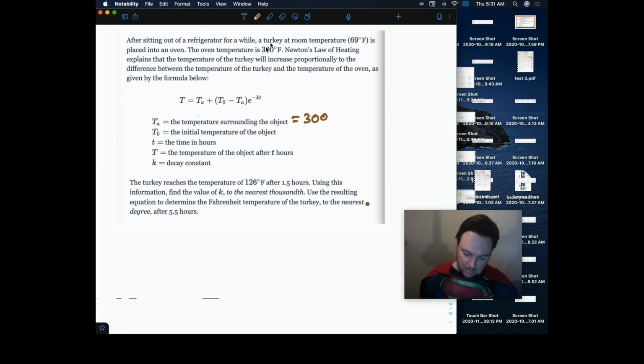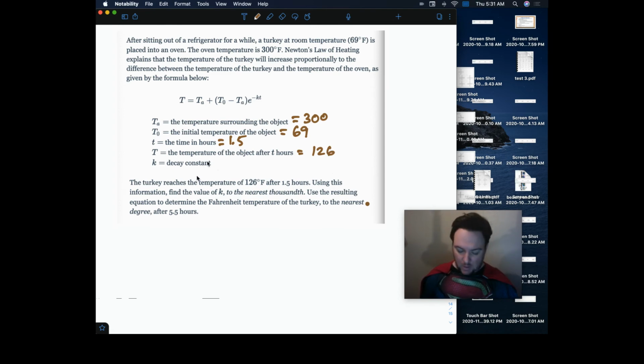I think that they said a turkey at room temperature, I think that's the initial, is 69. The time in hours. Well, I do believe that they told us that the turkey reaches a temperature of 126. So after 1.5 hours, this is going to be 1.5, and this is going to be 126. And K is the constant.